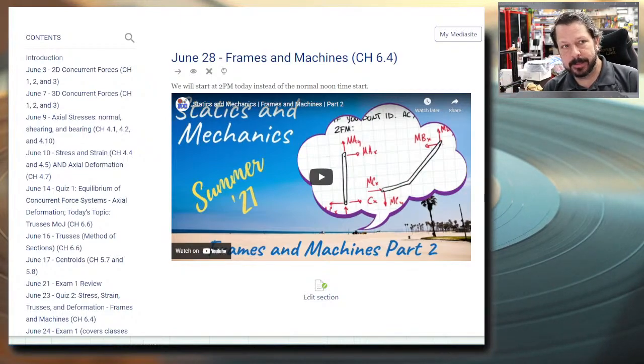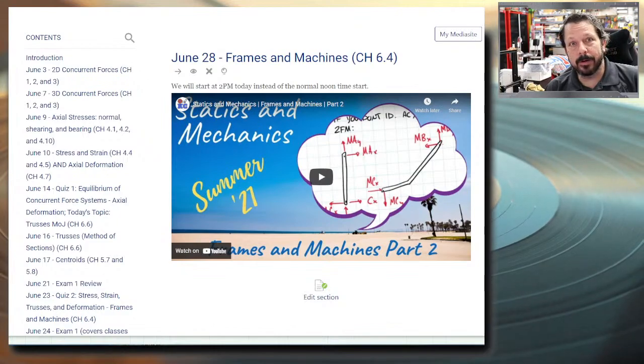The stuff that we did prior, so all the exam 1 things, some of those build into frames and machines and the torsion stuff. Some of the other content like the trusses, they don't really build into frames and machines, but you can't completely dump all of that knowledge because for exam 3, we are going to go back and have a few problems from trusses, centroids, things.